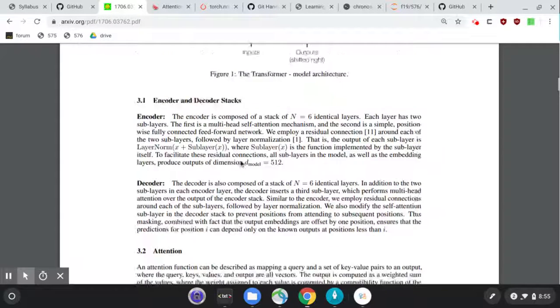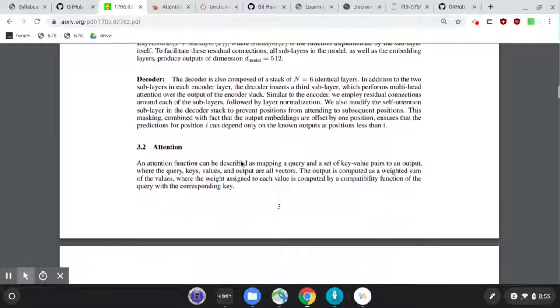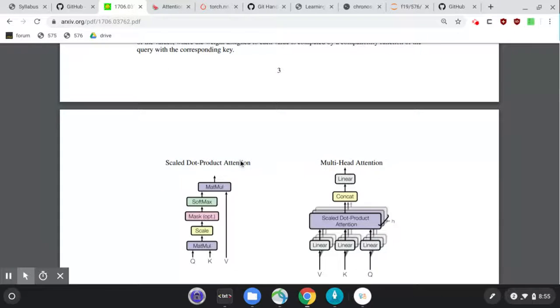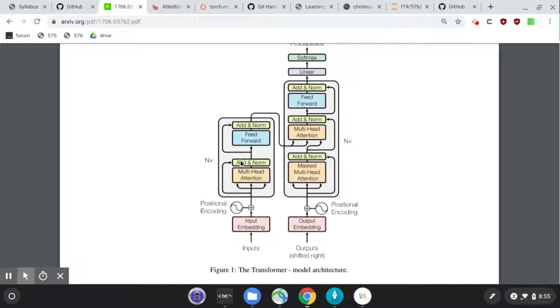Now, to drive home the point, let's go back to that picture. You see here we're passing the query and the keys. Sorry, what is the first two arguments? I think the last. Sorry, query, keys, and values.